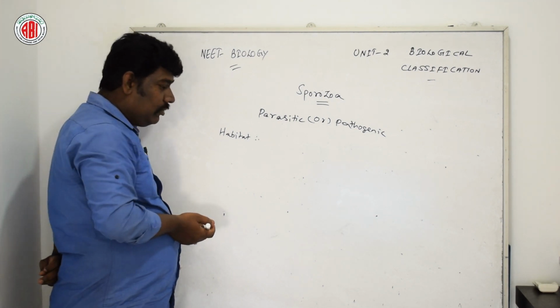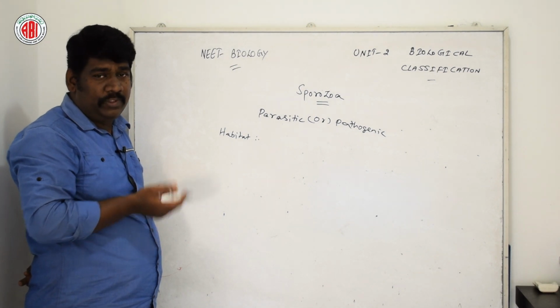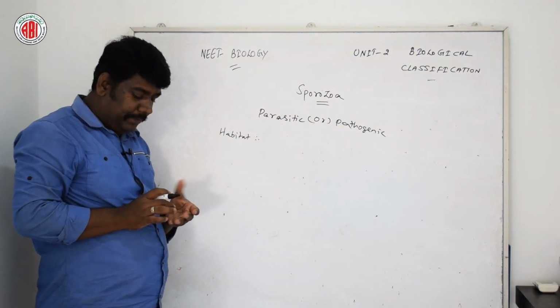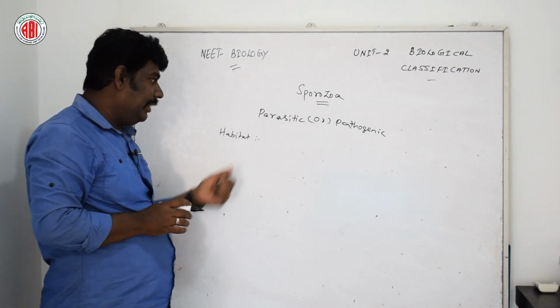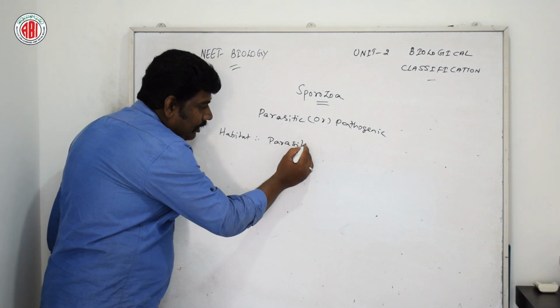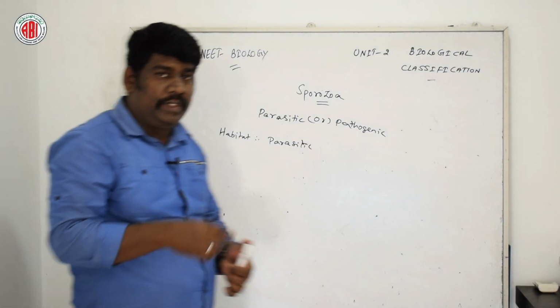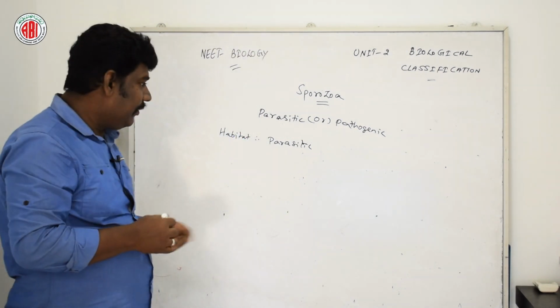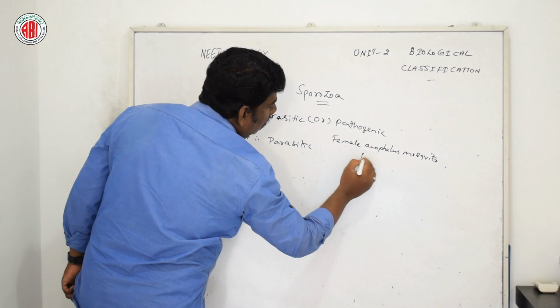The best example for this category is Plasmodium. Plasmodium is the best example of this particular category. Its parasitic mode of habitat completes its life cycle with two different hosts: one is the female Anopheles mosquito and the other is the human being.